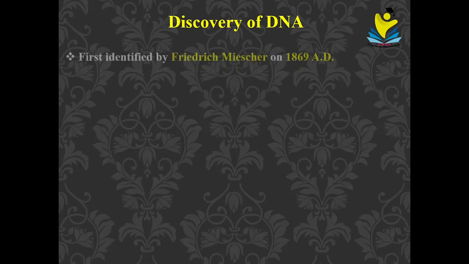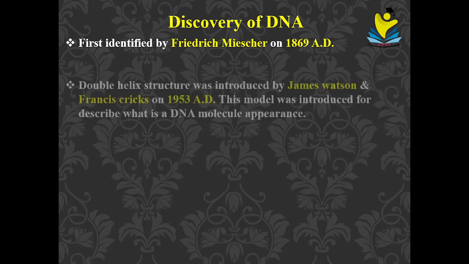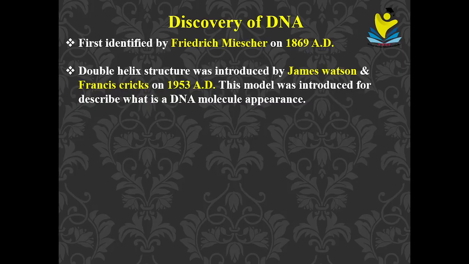Okay, now we discuss the history of the discovery of DNA. It was first identified by Friedrich Miescher in 1869. The double helix structure was introduced by James Watson and Francis Crick in 1953.